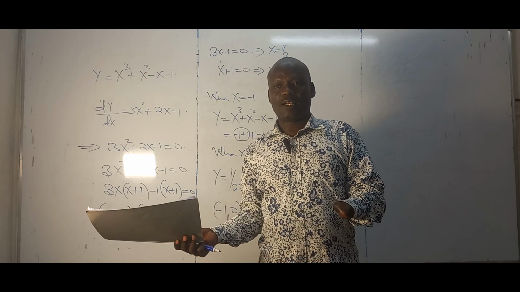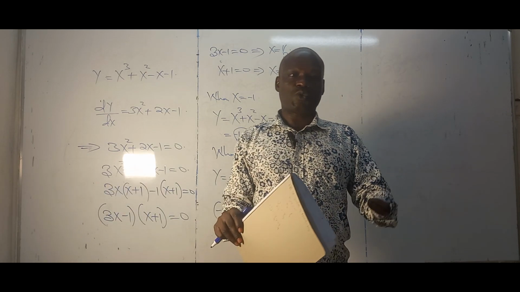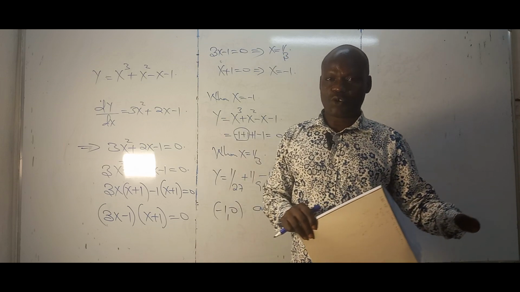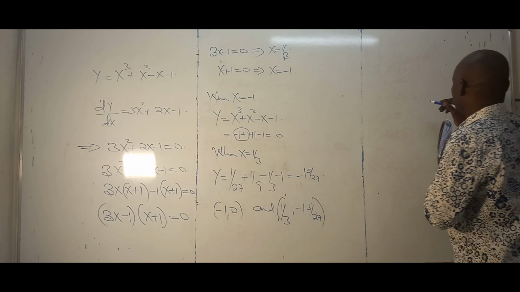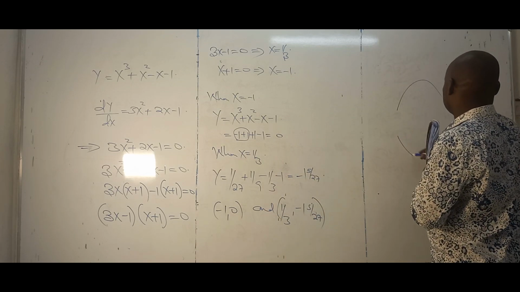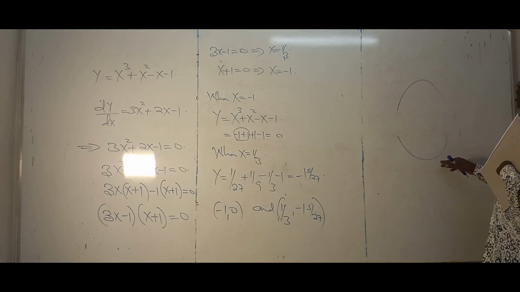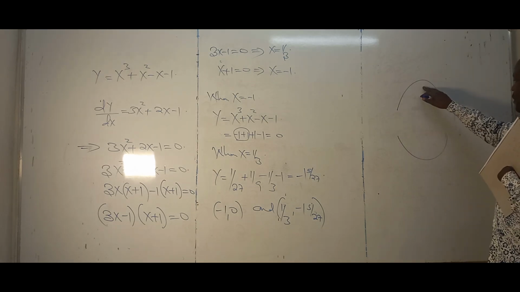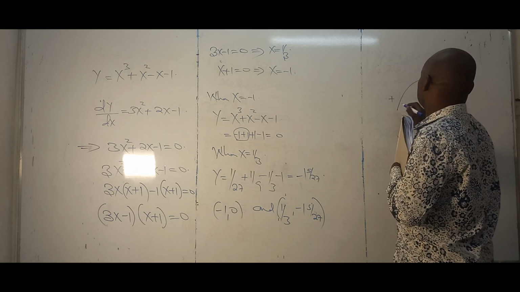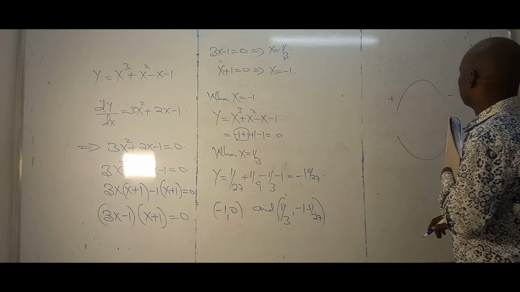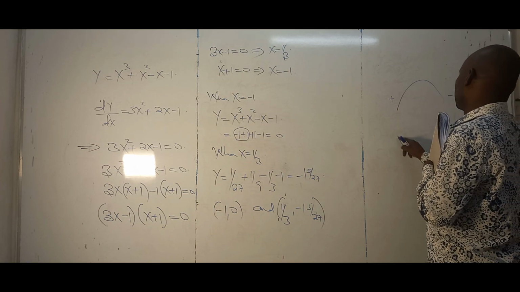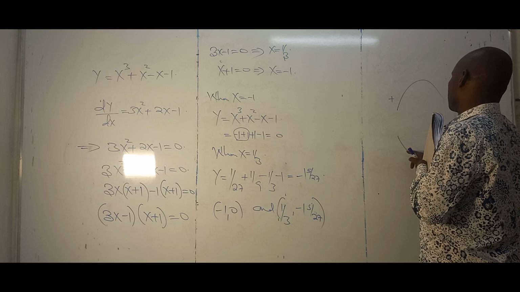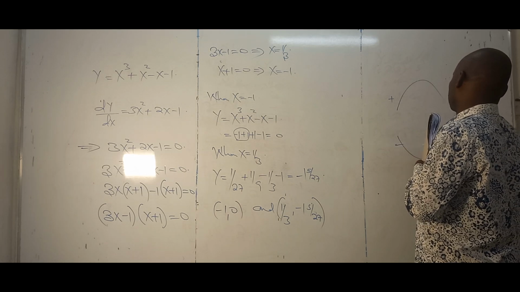But if it's a minimum point, we should see it moving from negative to positive. This will define the minimum, if it's a curve, and this will define a maximum. The gradient of this will be positive and the gradient of this will be negative, almost like the demand curve that we know.